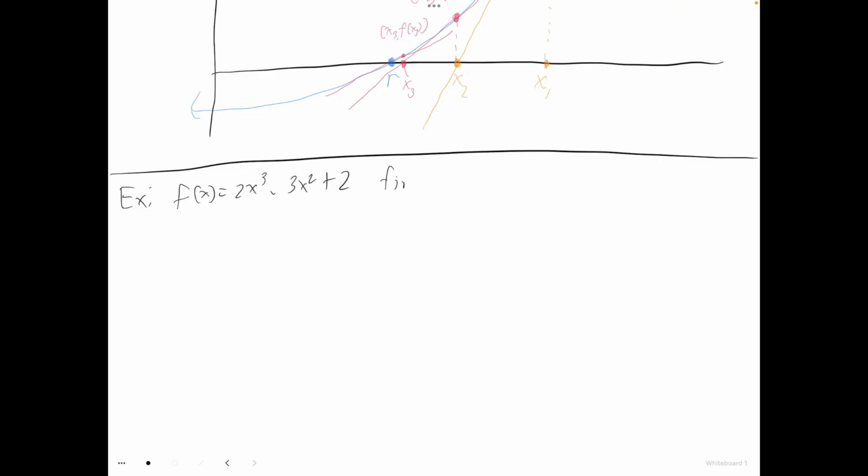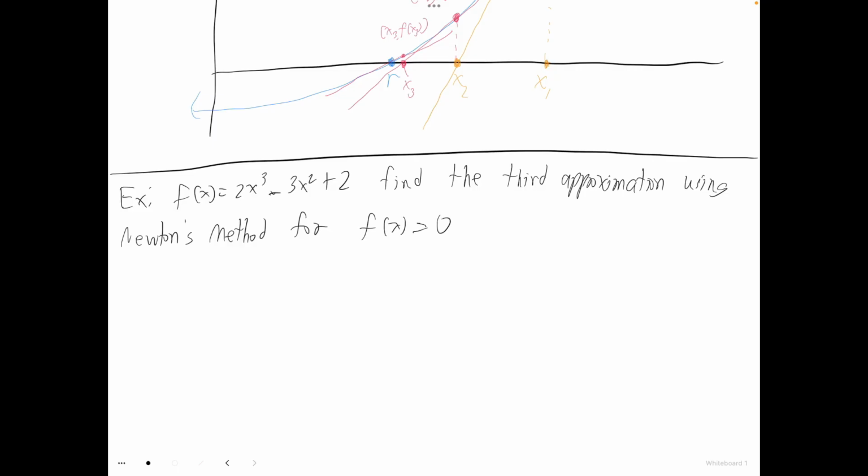We want to find the third approximation using Newton's method for f of x equals 0, starting with x sub 1 equals negative 1. So we're going to take negative 1 as our initial guess, and we're going to do 3 approximations here.